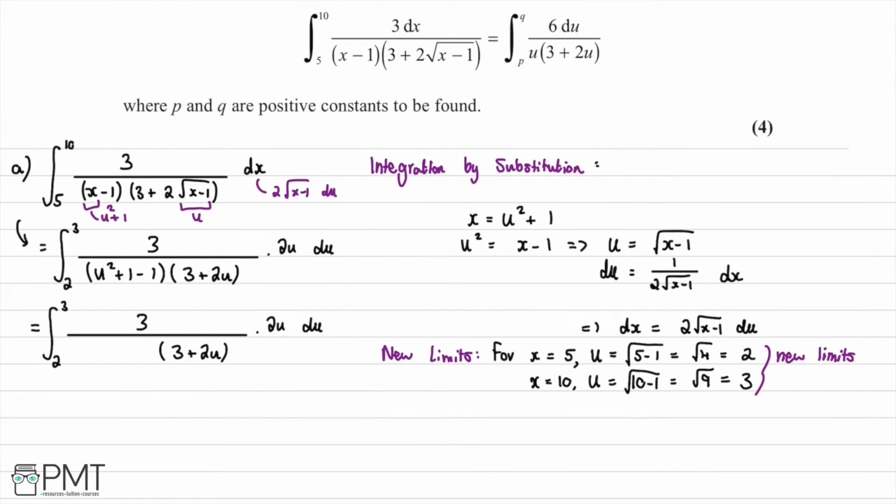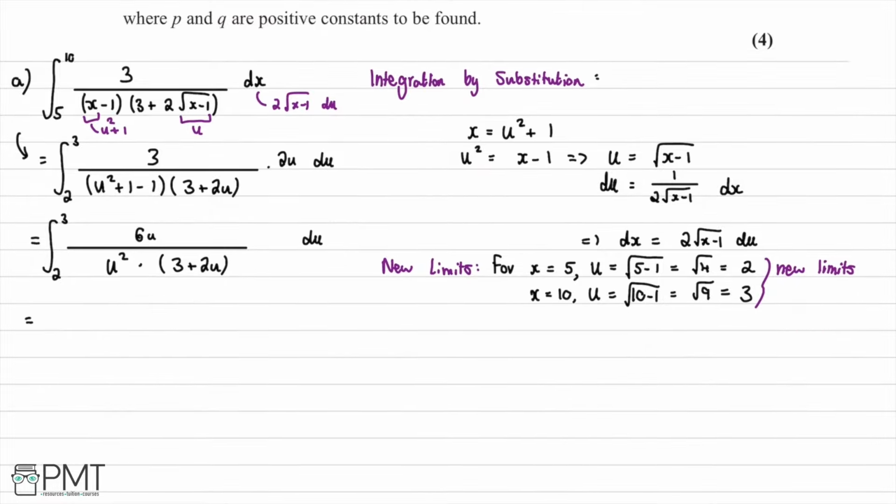So then simplifying this fraction, we have u squared plus 1 minus 1, that is going to be equal to u squared, and then we can just tidy this up here. We can take our 2u and multiply it by 3, so that's going to be equal to 6u, and here we go.